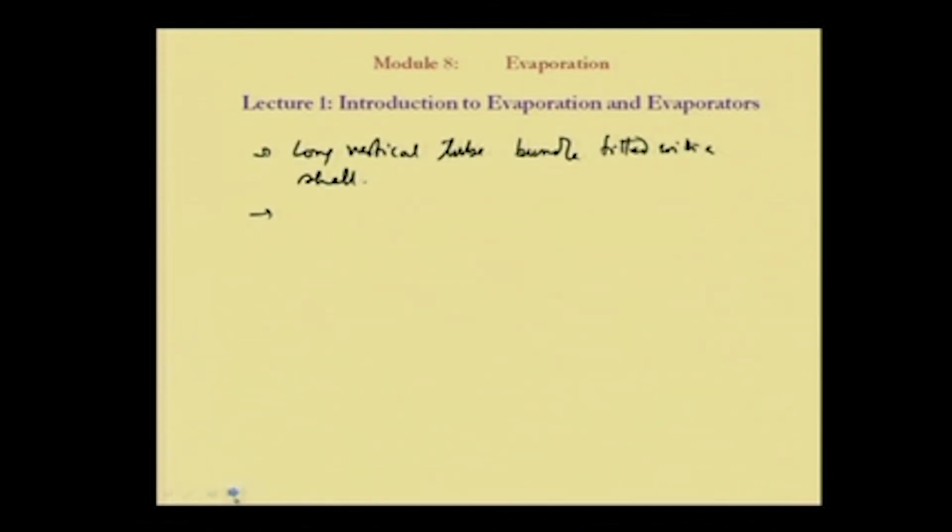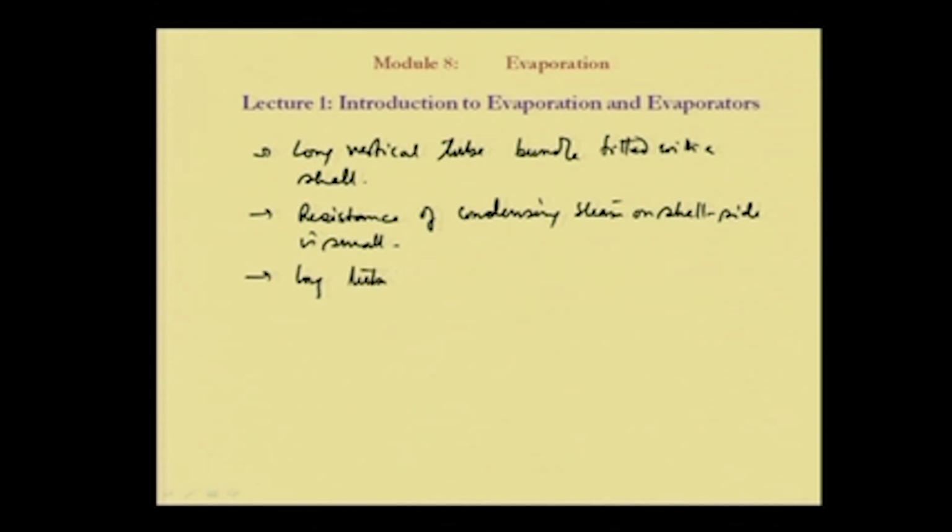Now, the important point over here is that the resistance of condensing steam on shell side is always small, that is always true, but what happens is that in case of long tube, initially the heat transfer coefficient is less and then increases due to boiling.